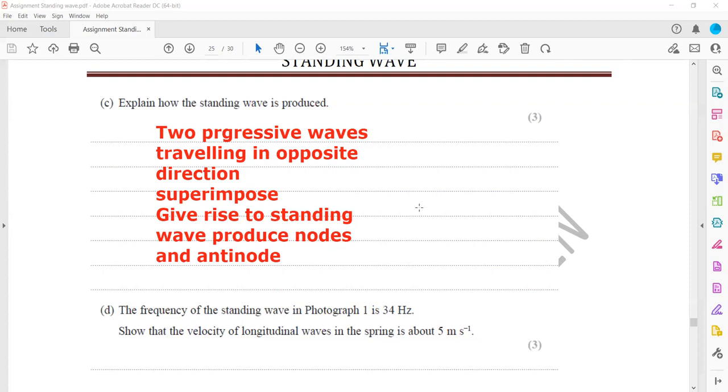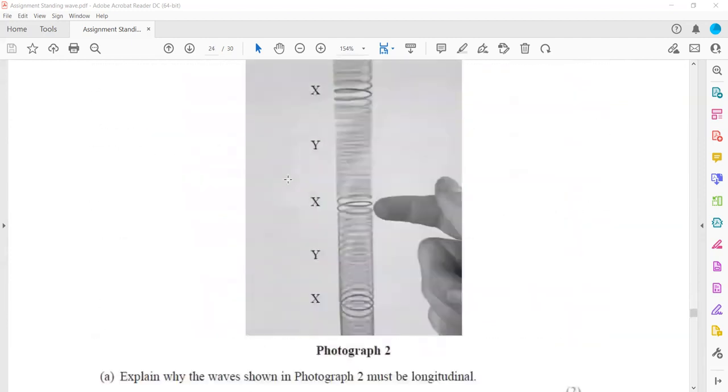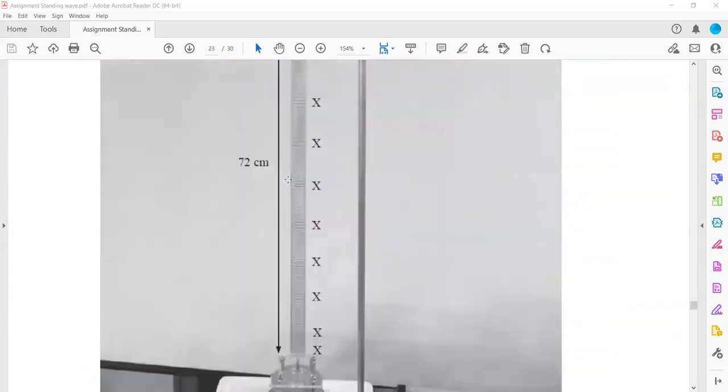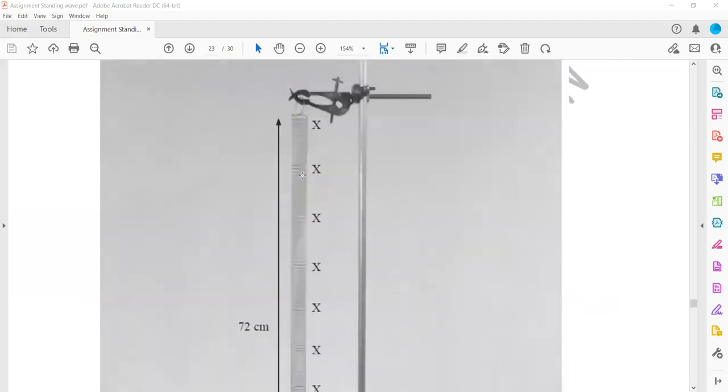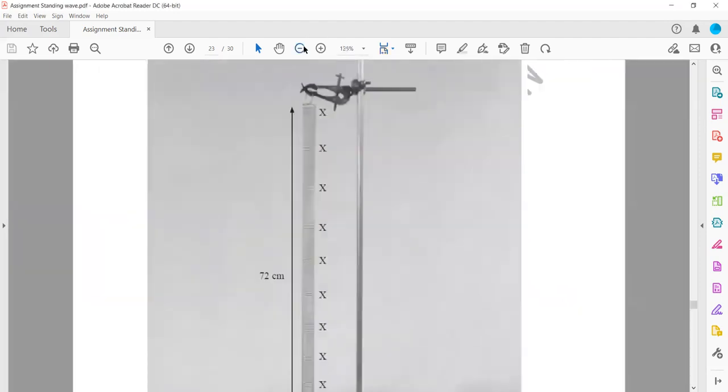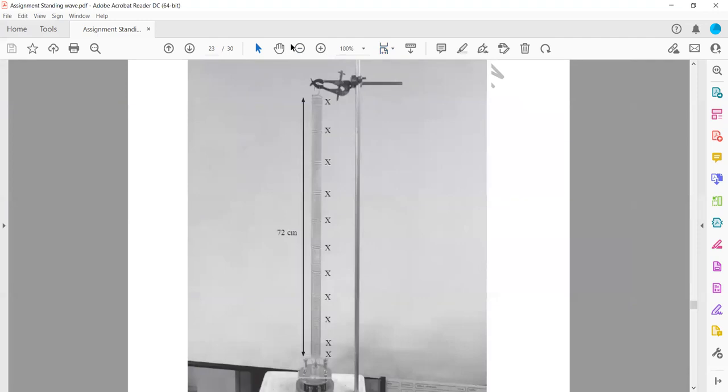So photograph one. Look, as they mentioned, this is node, this is node, node.